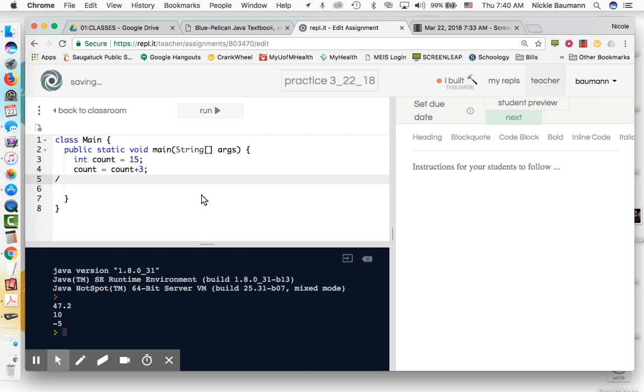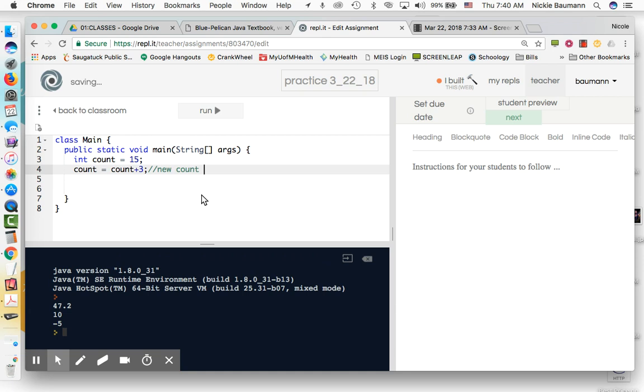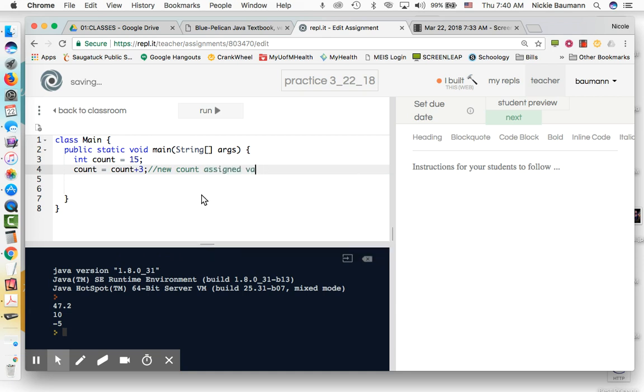So, oops, let me do an error. Assigned value. So what this is saying is, hey, we're declaring a count to be the value of 15. And then as it reads down to line 4, it's now saying whatever count is, which is 15 plus 3, we're now assigning it to count again.